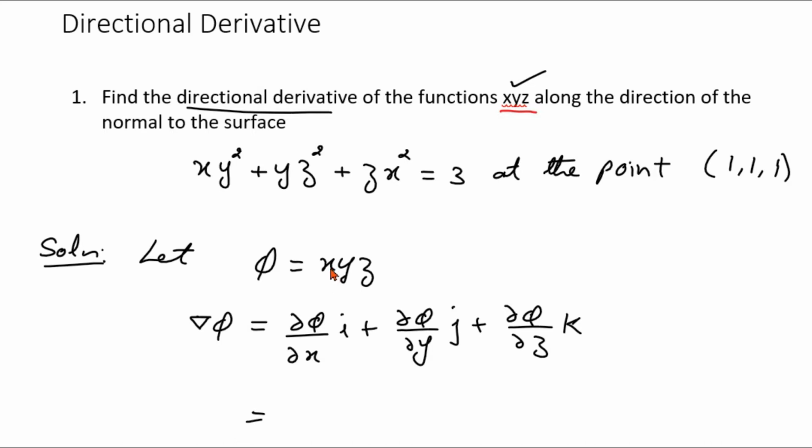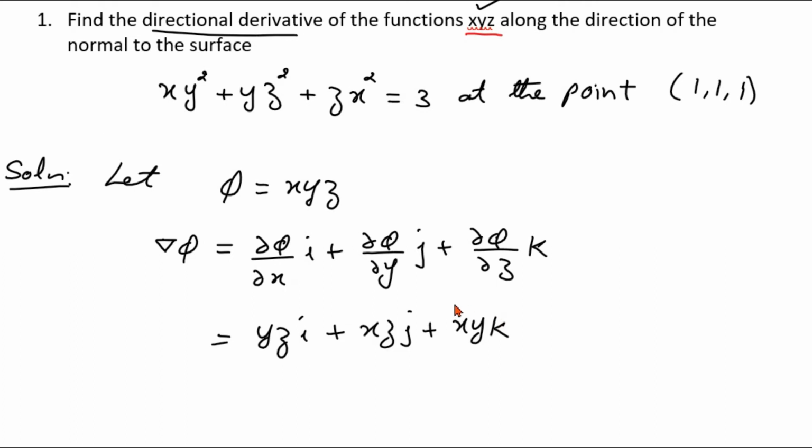When you're differentiating with respect to x, you will get only yz times i, plus when you're differentiating with respect to y, derivative of y will be 1, so xz will be as it is times j, plus when you're differentiating with respect to z, derivative of z with respect to z will be 1. So xy, the constant, will remain as it is times k.